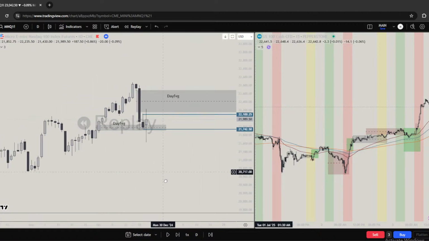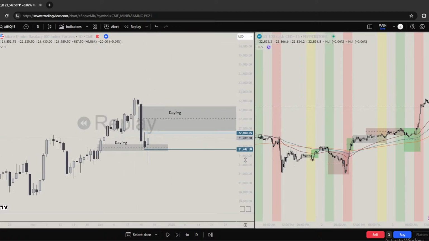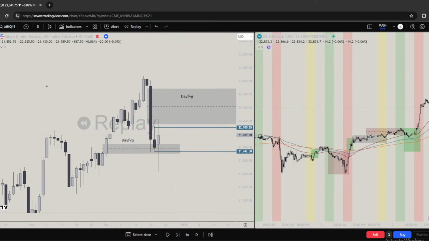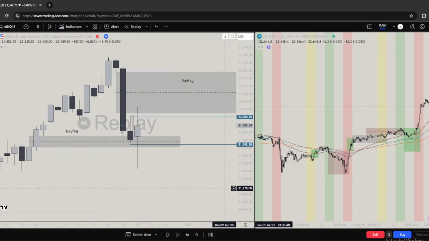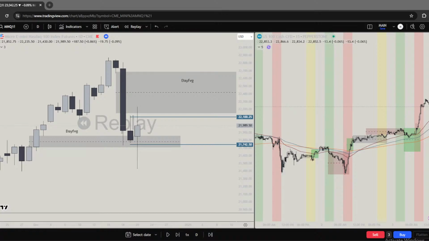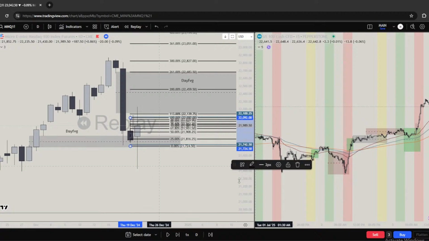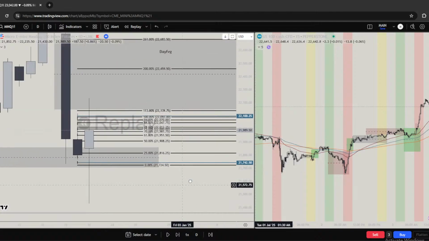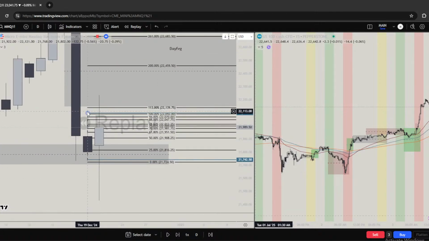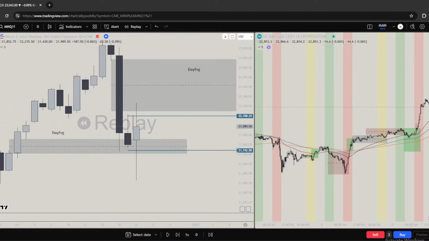Took them lows, swept the lows, displaced higher. Price closing out above 50%. I can see this price going back up into this FVG.